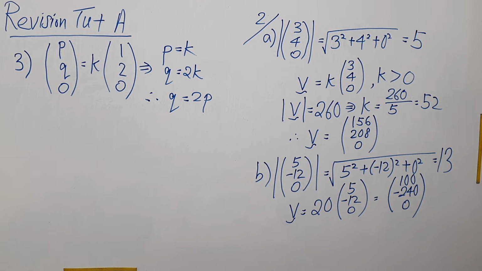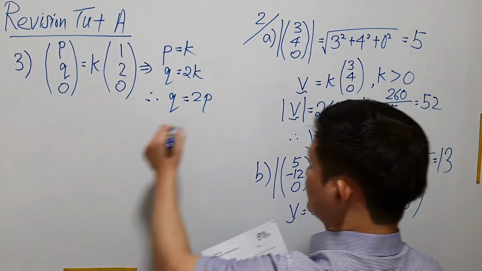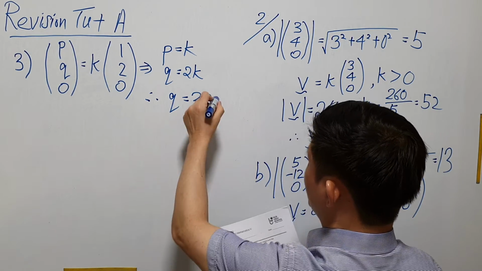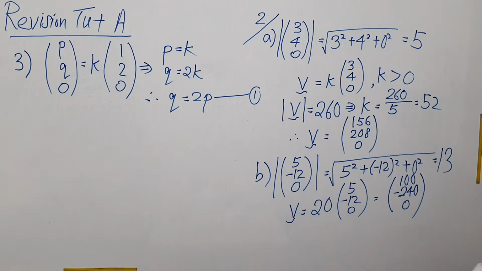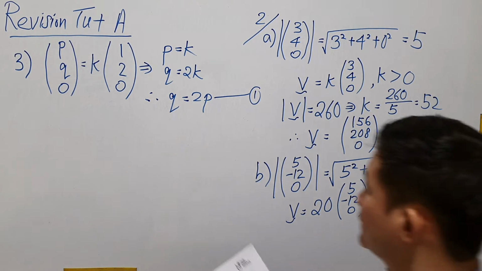Let's call this equation 1. And now you're told that the magnitude of this vector is 5.